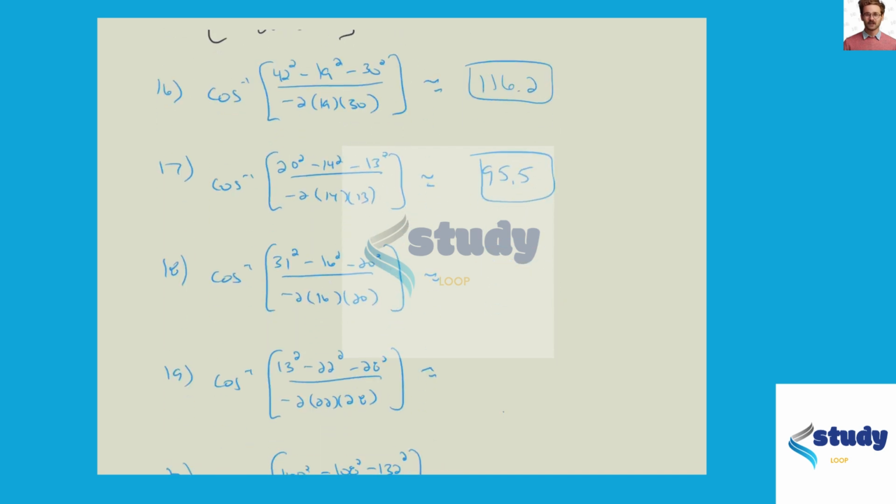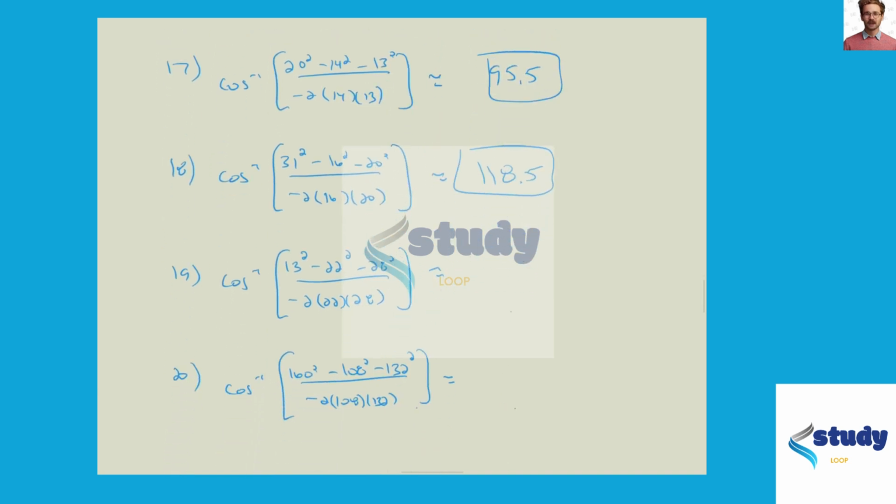Number 18 into the calculator, 31, 16, and 20. That comes out to 118.5. Number 19, for 13, 22, 28, comes out to 26.9.